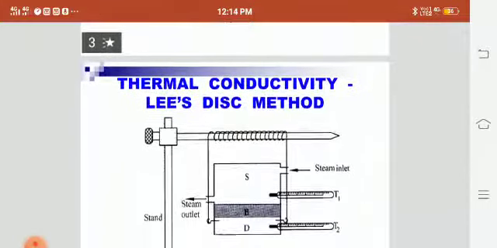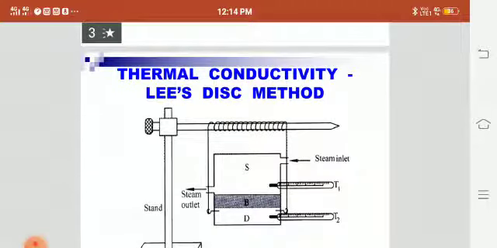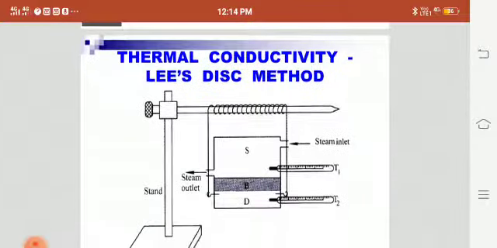If the material has good conductivity of heat, then it is a good thermal conductor. If not so, that is a bad thermal conductor. In this, we are going to see the thermal conductivity of a bad conductor, that is a cardboard sheet or an ebonite sheet, by using Lee's method.